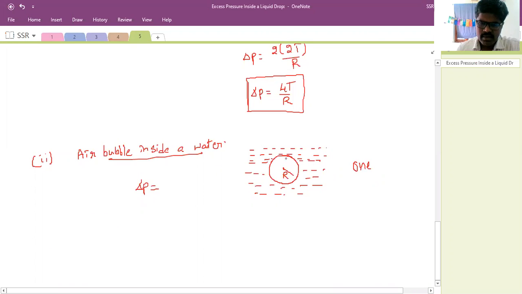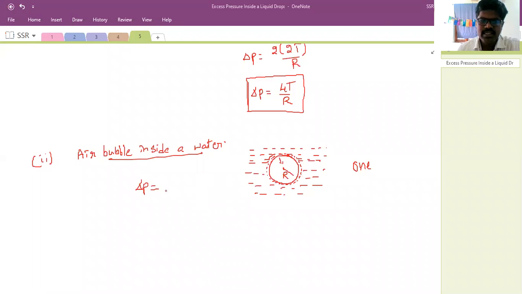See here, the outer surface is connected with water. Only the inner surface is connected with air. That means only this inner surface you have to consider, because the outer surface is connected with water, that is, the containing liquid. So only the inner surface is the free surface.